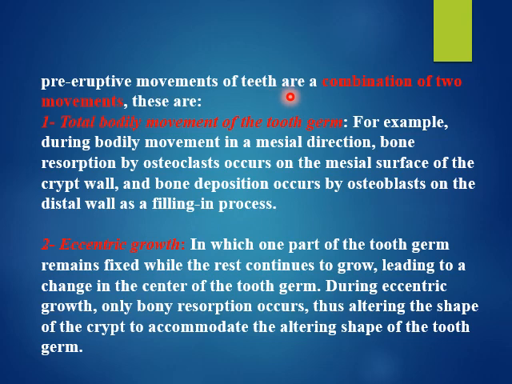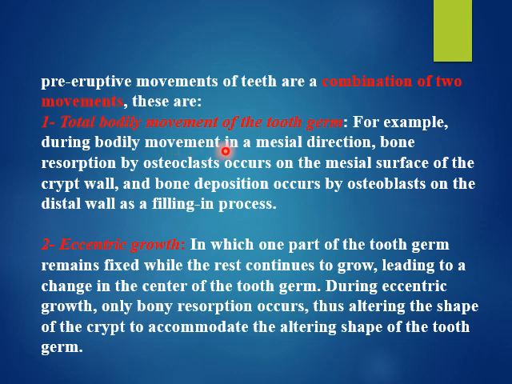Pre-eruptive movement of the teeth is a combination of two movements, which include total bodily movement and eccentric growth. Total bodily movement of the tooth germ, for example, during bodily movement, all the crown moves at the same time.